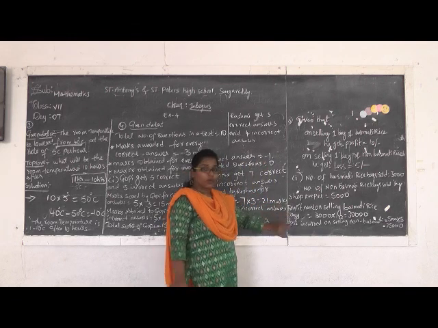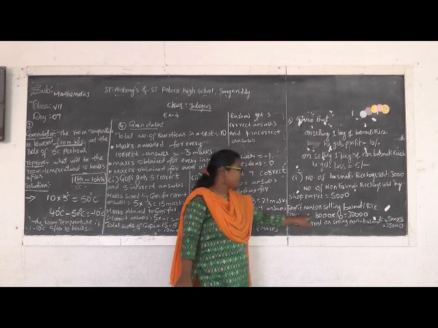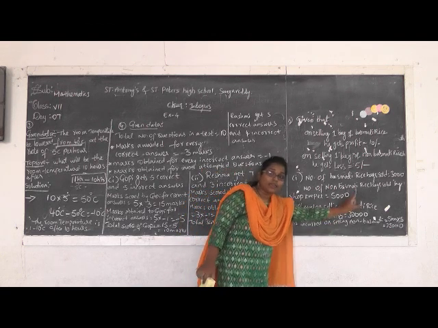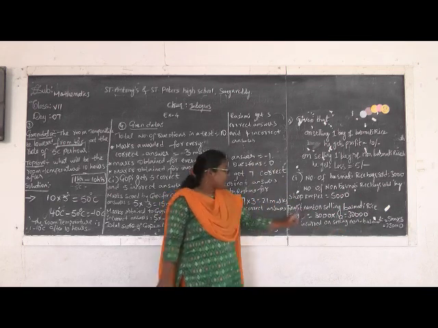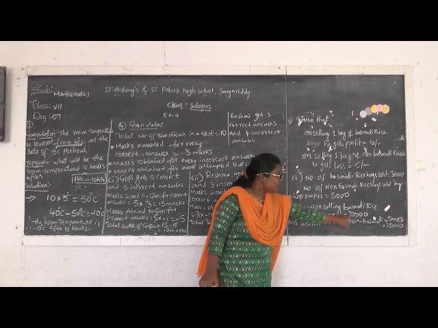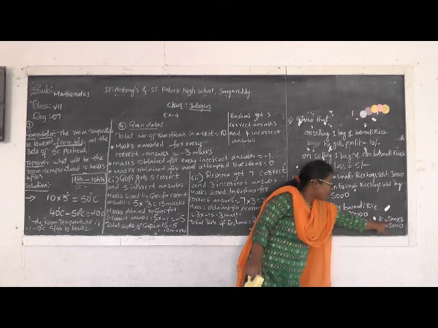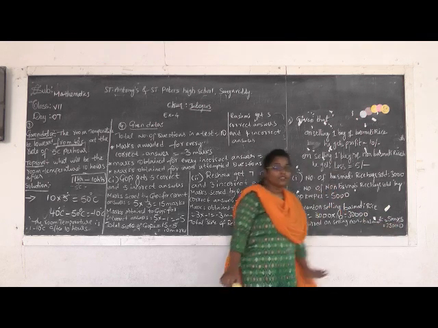So when he sold basmati rice, he will get profit: 3000 into 10 is 30,000. When he sold non-basmati rice, he will get loss: 5000 into 5, 25,000, because he sold 5000 bags, each bag consisting of 5 rupees loss.